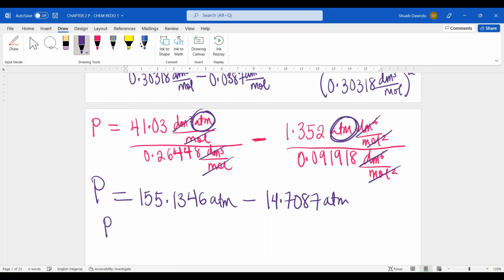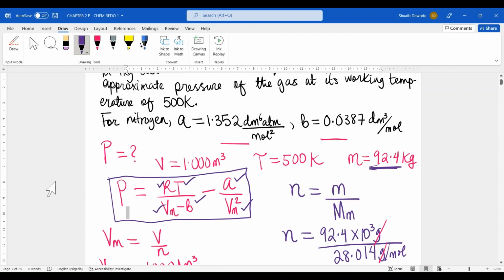So of course, you solve this, pressure ends up being 155.1346 minus 14.7087. You end up getting 140.42584 atmosphere.